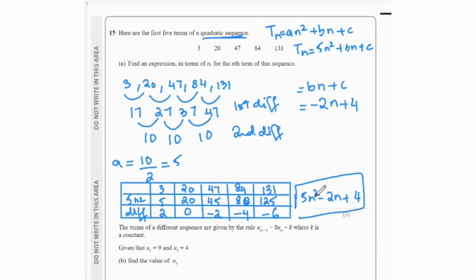Then you will create a sequence from 5n squared, subtract the values of that sequence from the original sequence, and you will have a sequence of differences. Then you will find the nth term of that sequence of differences, and that will give you the values of b and c for the nth term, which is an squared plus bn plus c.